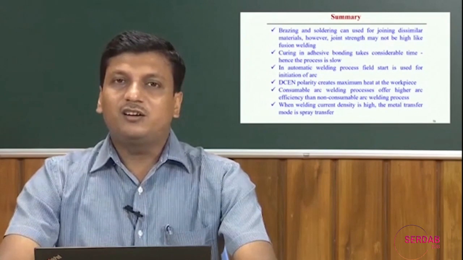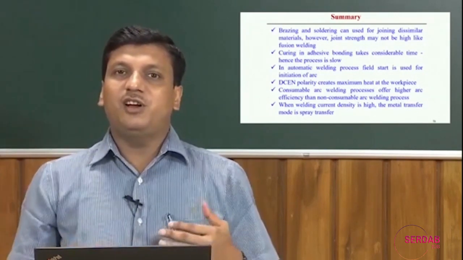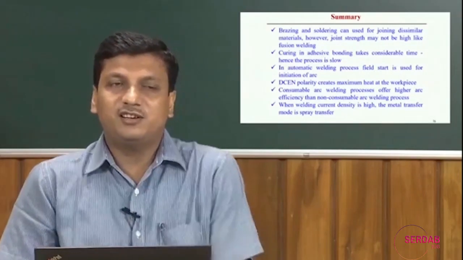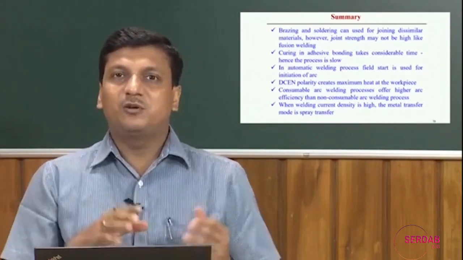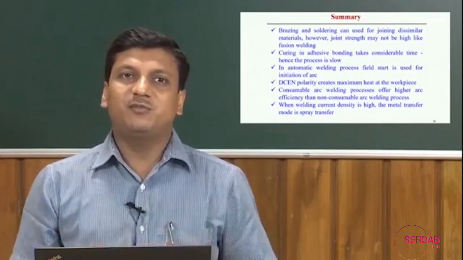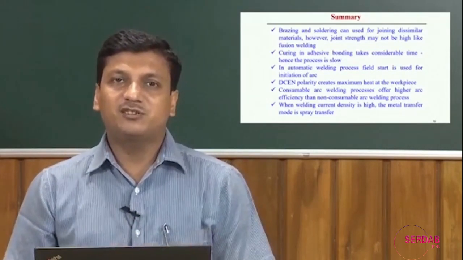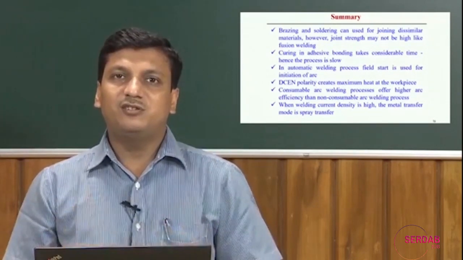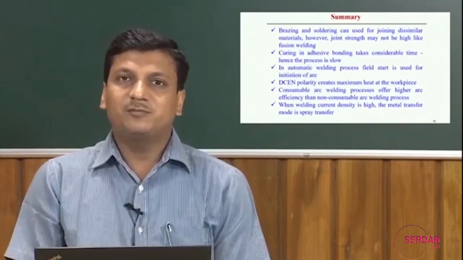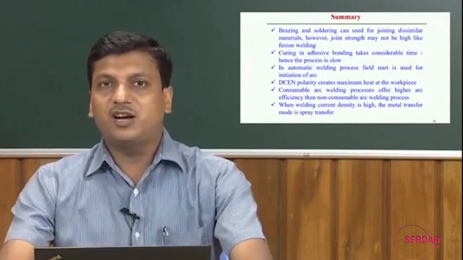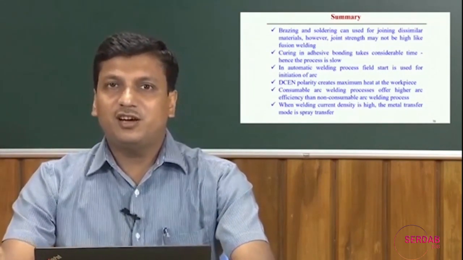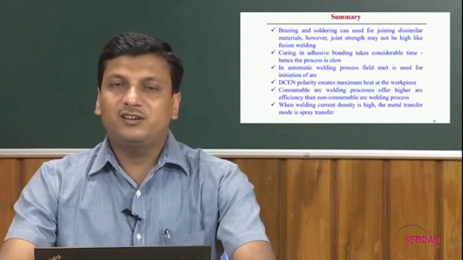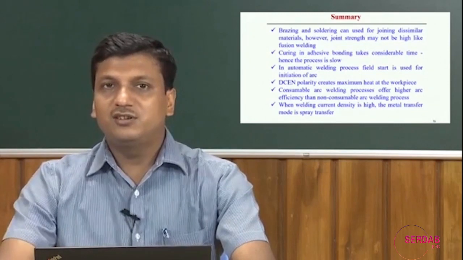Finally, if we analyze droplet transfer overall, in general at low current we can use either short circuit or globular metal transfer, where the transfer occurs only due to the gravitational force on the molten droplet. On the other hand, at high current density or high welding current, we can expect the metal transfer to occur in spray mode.